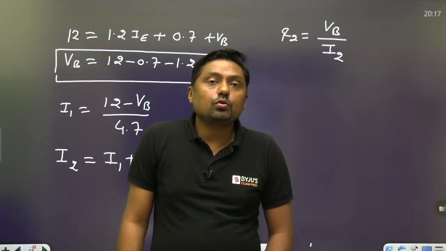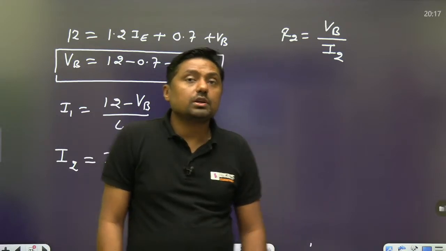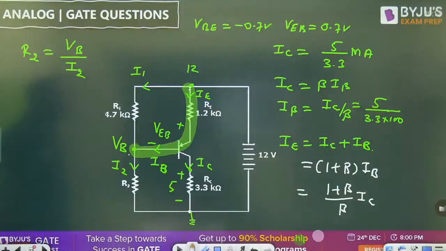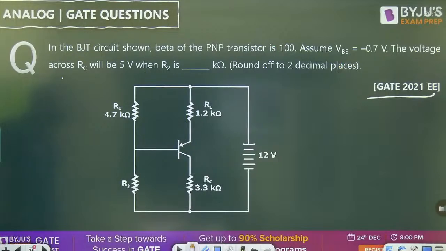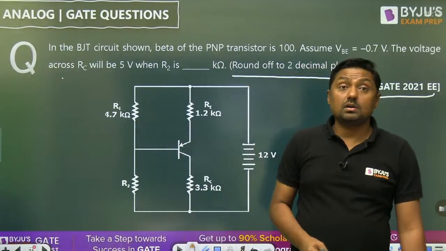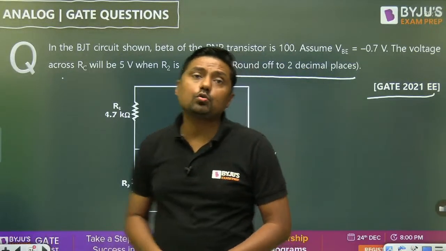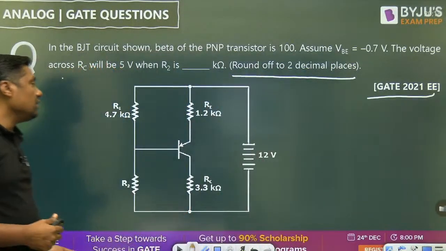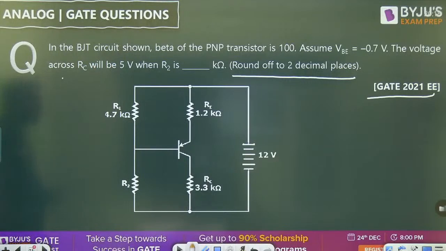Sir, I1 we need to find. No, Vishwanath Murli, because it is this type of question, numerical answer, round off to 2 decimal places, right? Means you have to find the value. It is not too high. If it is too high, then it will be given in the question.